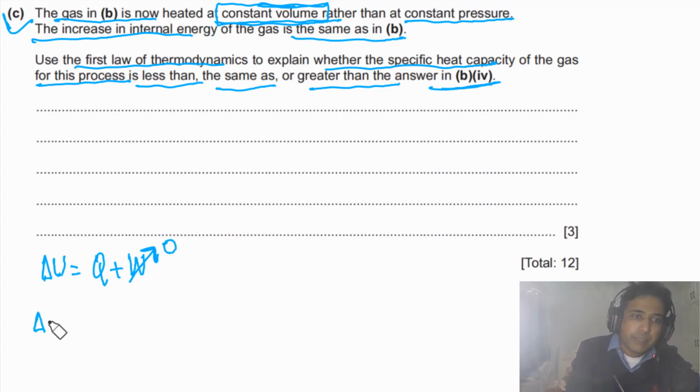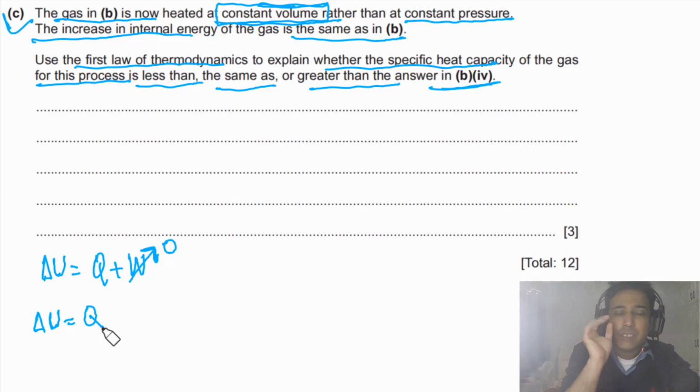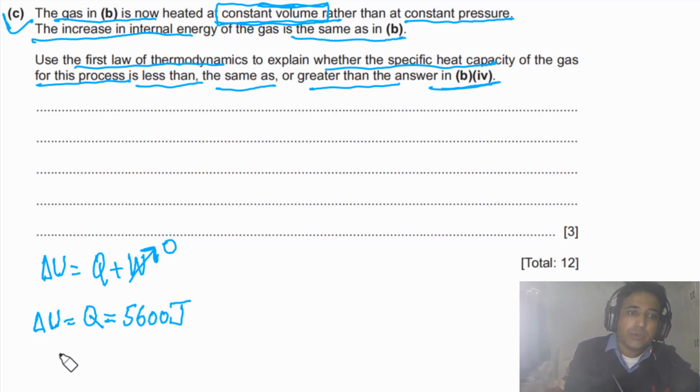So the change in internal energy is equal to the amount of thermal energy supplied. The change in internal energy was given to us in the question, and the value was 5600 joules. So the new value of Q is equal to 5600 joules.